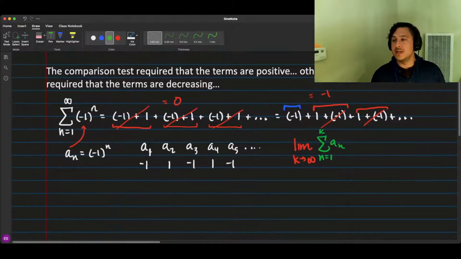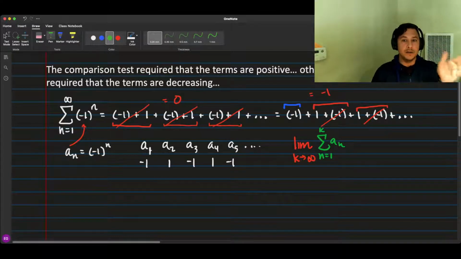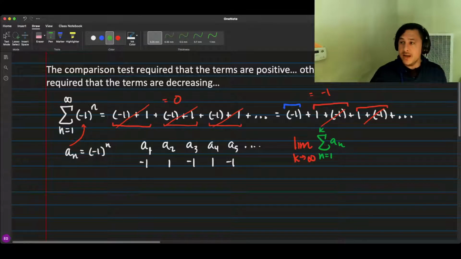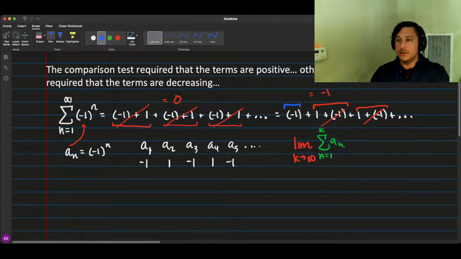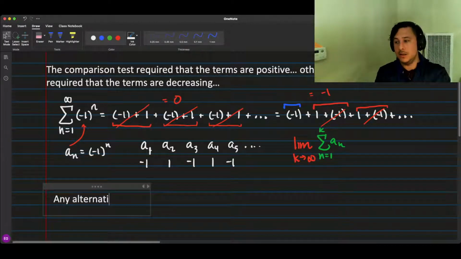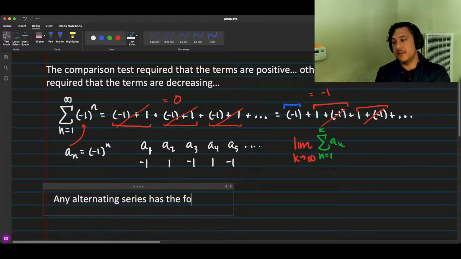So the alternating series, you can sort of see what it's like. It alternates between positive and negative. Any alternating series is going to have the following form.